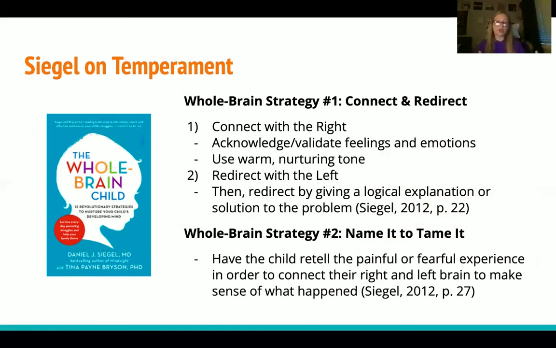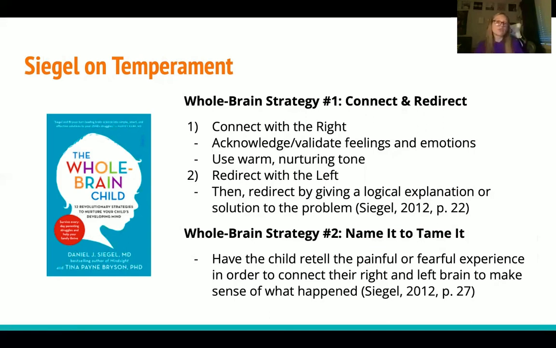Acknowledge and validate feelings and emotions, using a warm, nurturing tone. Then you redirect with the left. After the child has had time to calm down a little bit, you can give a logical explanation or some solution to the problem in order to help that child connect those two sides of their brain.